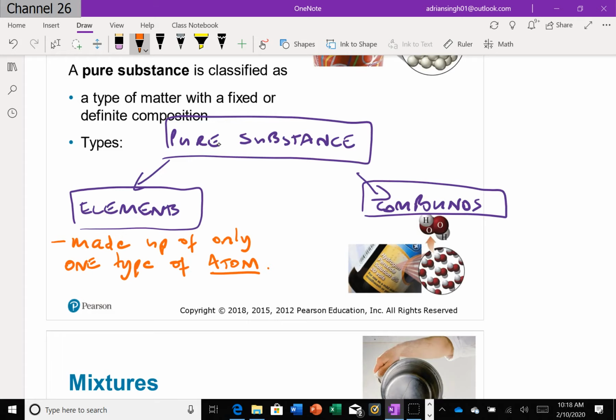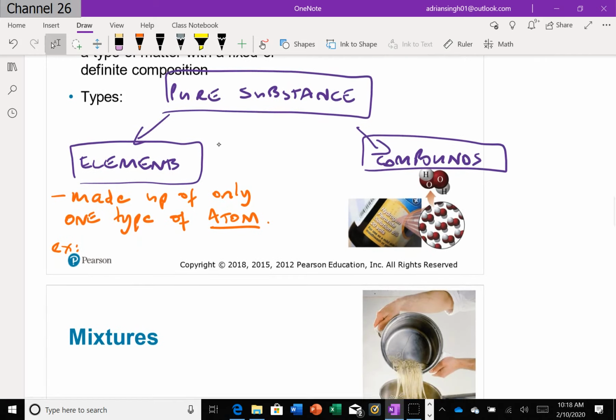So for example, an example of an element made up of only one type of atom would be aluminum, right? So if you have a sample of aluminum, an aluminum can, or aluminum foil, for instance, that is an example of an element. It is made up only of aluminum atoms.